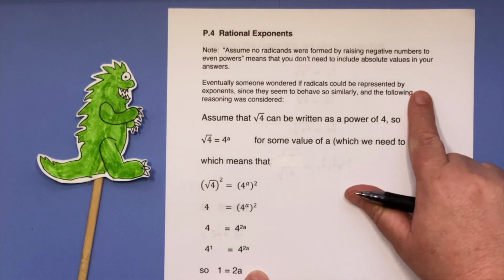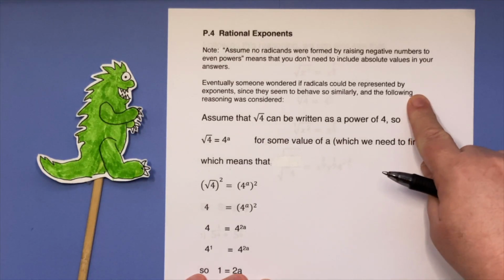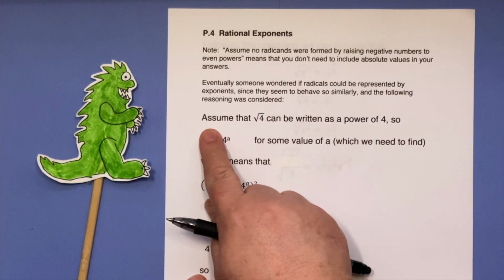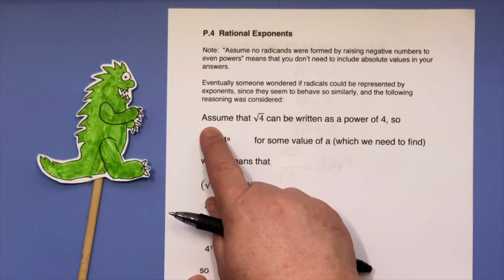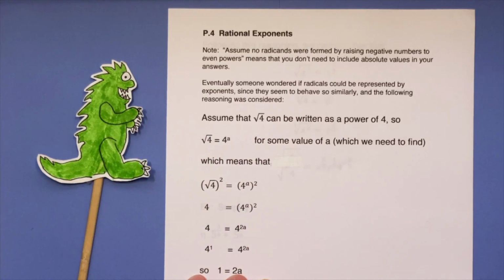But what we will stress about is trying to come up with a way to express square roots or radicals as exponents. So this is basically the way it was approached. Whenever a mathematician is thinking, I wonder if I can do something, the first thing they do is say, well, let's assume I can do it. It's a really wonderful way of looking at the world.